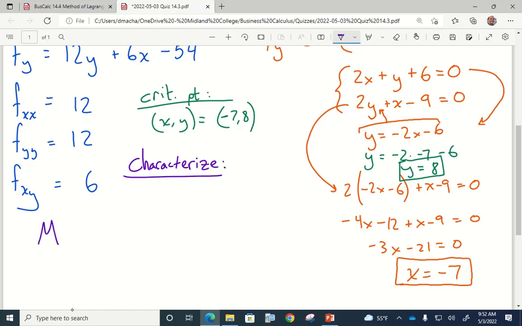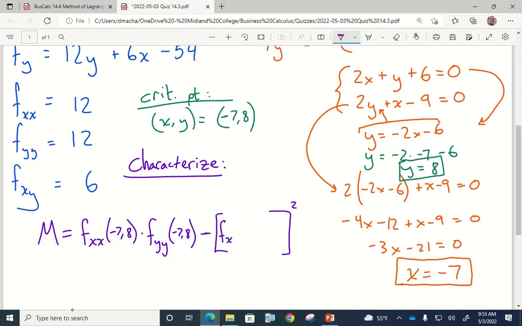That means I have to calculate that capital M value, which was fxx, evaluated at my critical point, times fyy, evaluated at my critical point, minus the mixed partial derivative evaluated at my critical point.